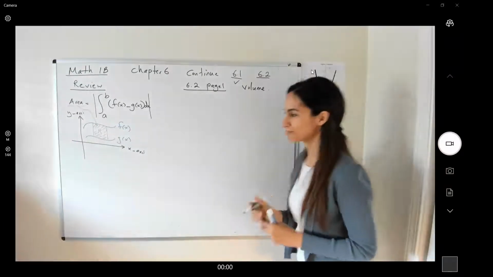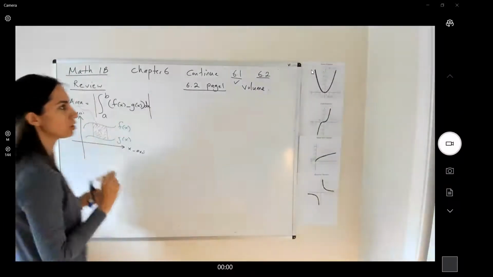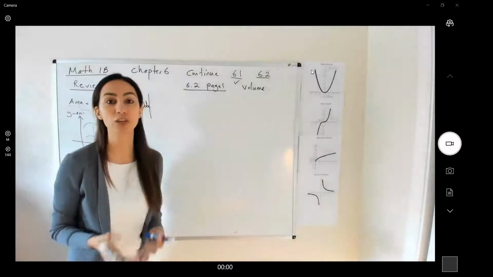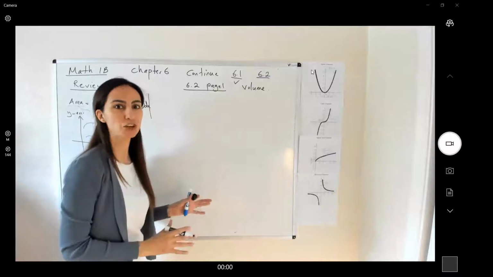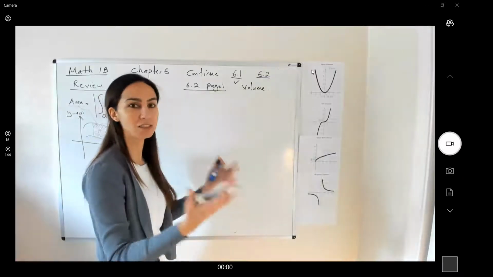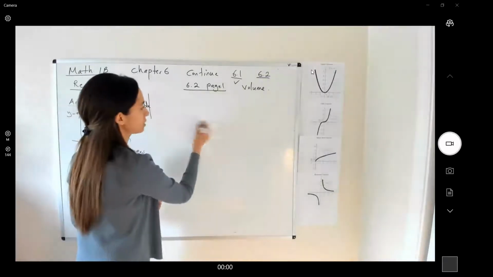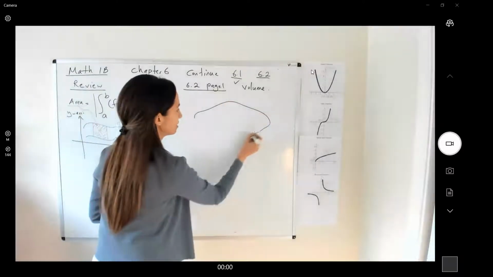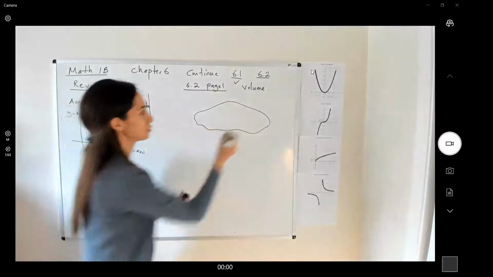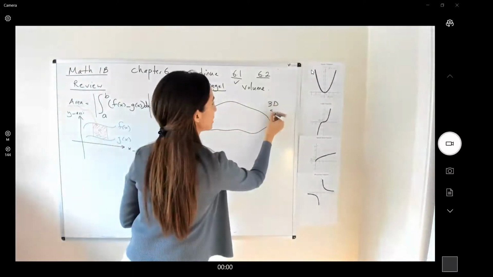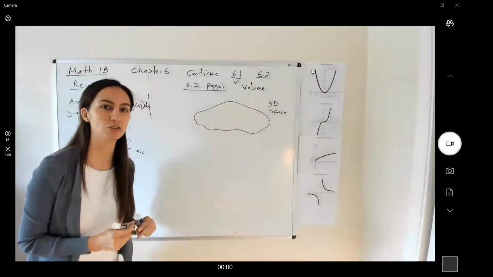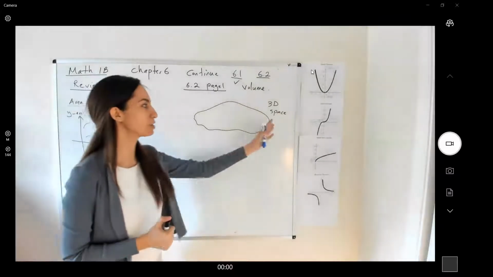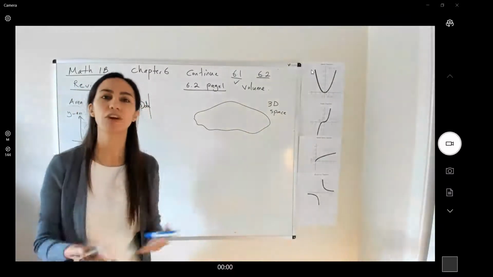volume. Very well. So assume that you have a three-dimensional object. Suppose this is your three-dimensional object, and you have something like this object in three-dimensional space. You're interested in finding the volume of this three-dimensional object. So what are we going to do?